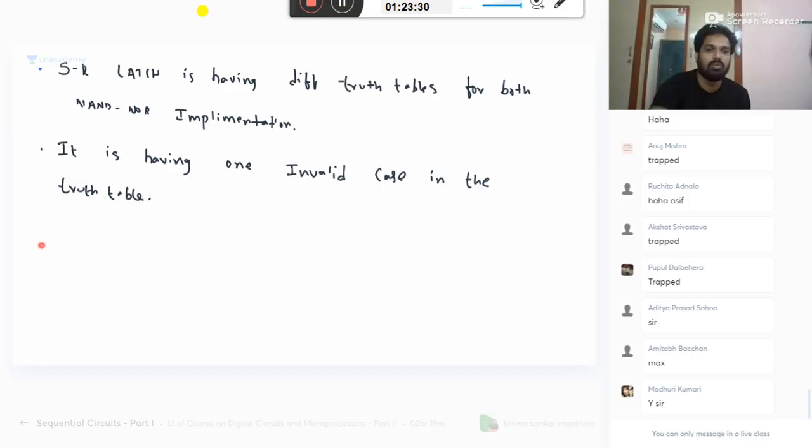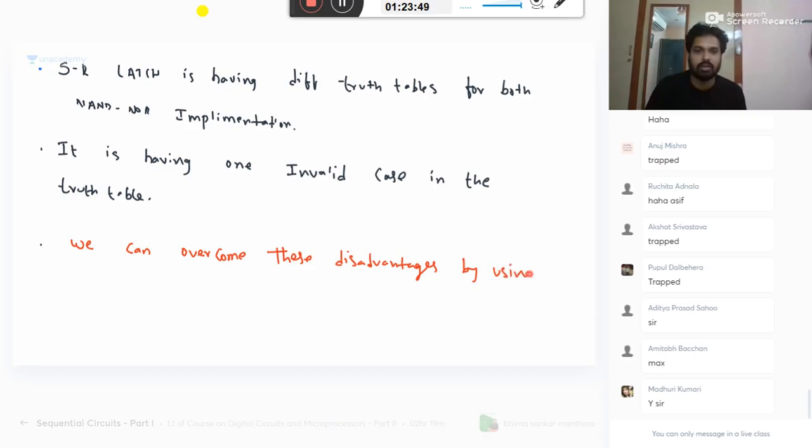Now, we can overcome these disadvantages by using SR flip-flop. So now by using flip-flop, actually not SR exactly, by using flip-flop. So we are moving to flip-flop.